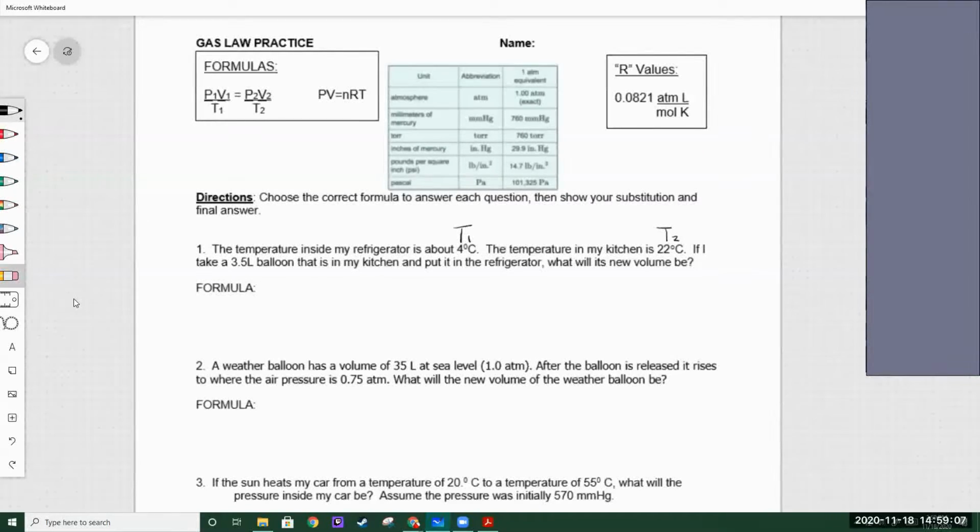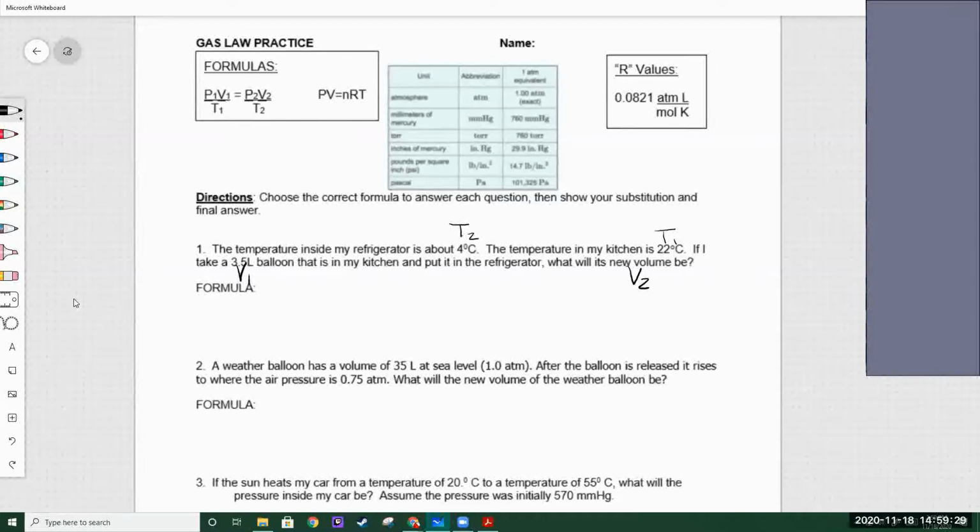Actually, you know what? I have to do it backwards because the balloon is in the kitchen. So this is my first temperature because the balloon's in the kitchen. And then I have my first volume. It wants to know what will happen if you put the balloon inside the refrigerator. So this is my second temperature.